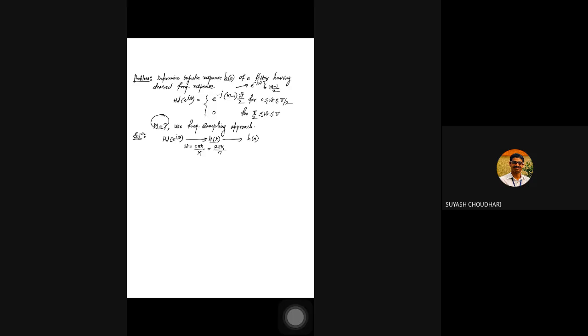Now here I write h of k is equal to e raised to minus j. What is M minus 1? M minus 1, 7 minus 1 is 6. So 6 by 2 is nothing but 3.